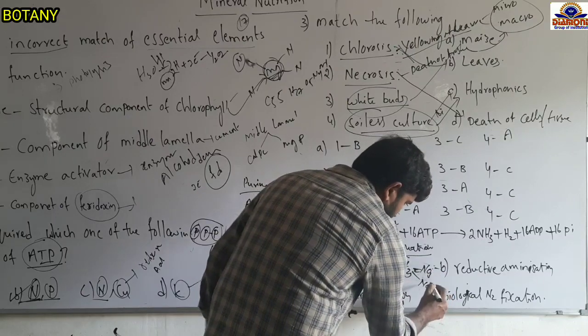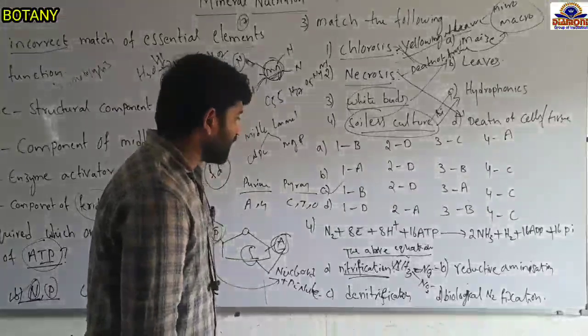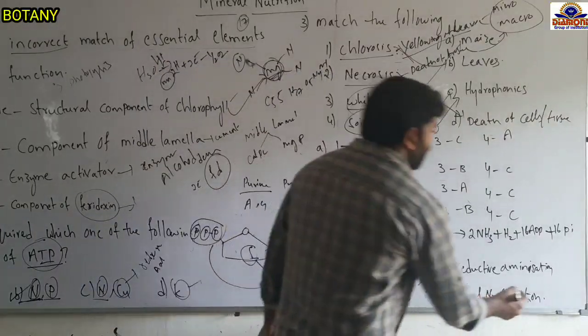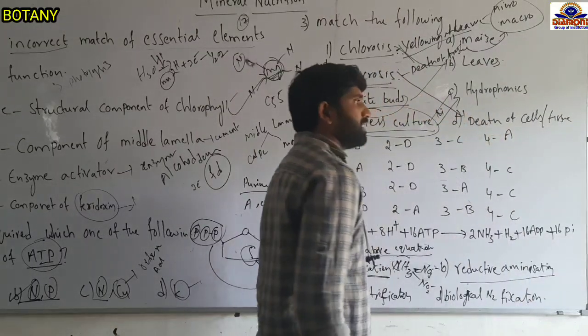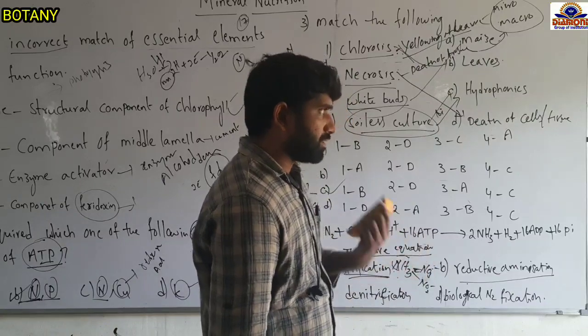Conversion of ammonia into nitrites and nitrates is called nitrification, and reductive amination is the last step of the nitrogen cycle.